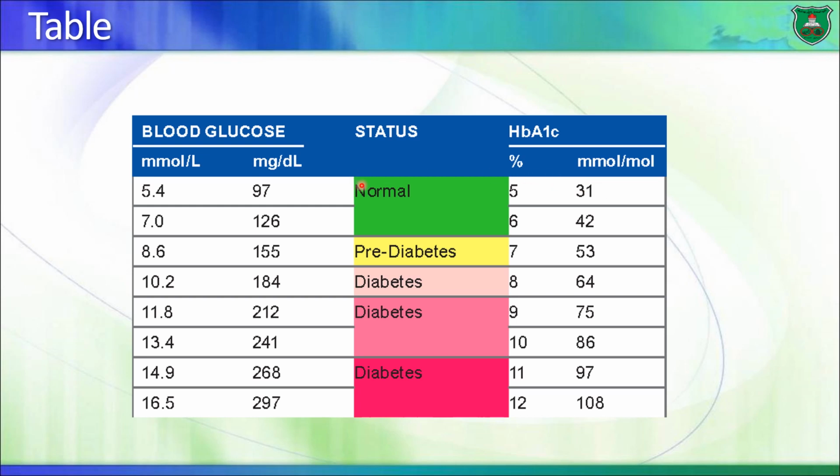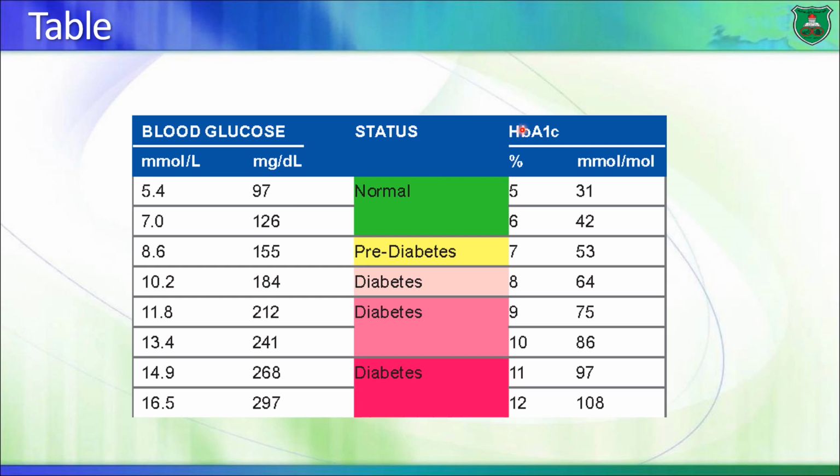So normal individuals, if they fast overnight and they do a glucose test, they should have a level of about 80 to 120 milligrams per deciliter of glucose, which is equal to about 5.4 to 7 millimole per liter. These are normal individuals.